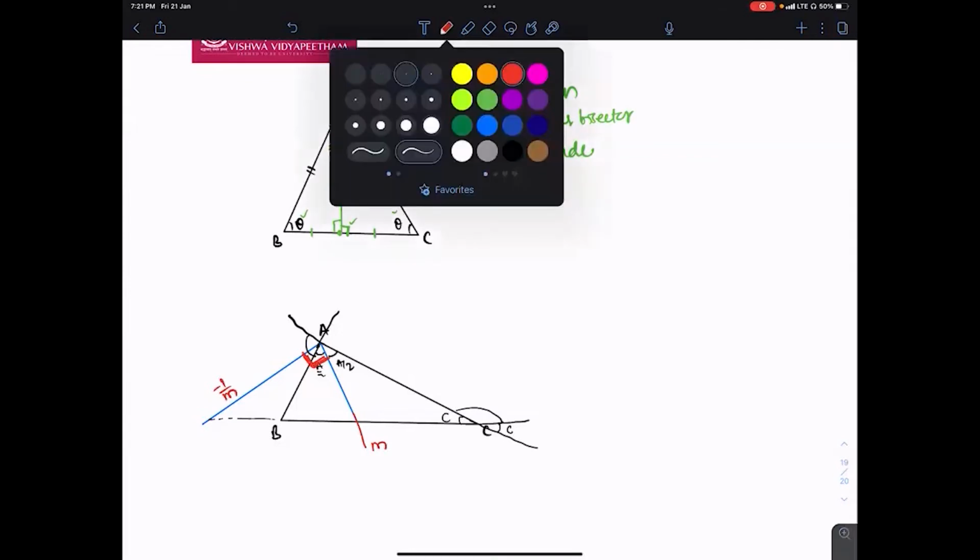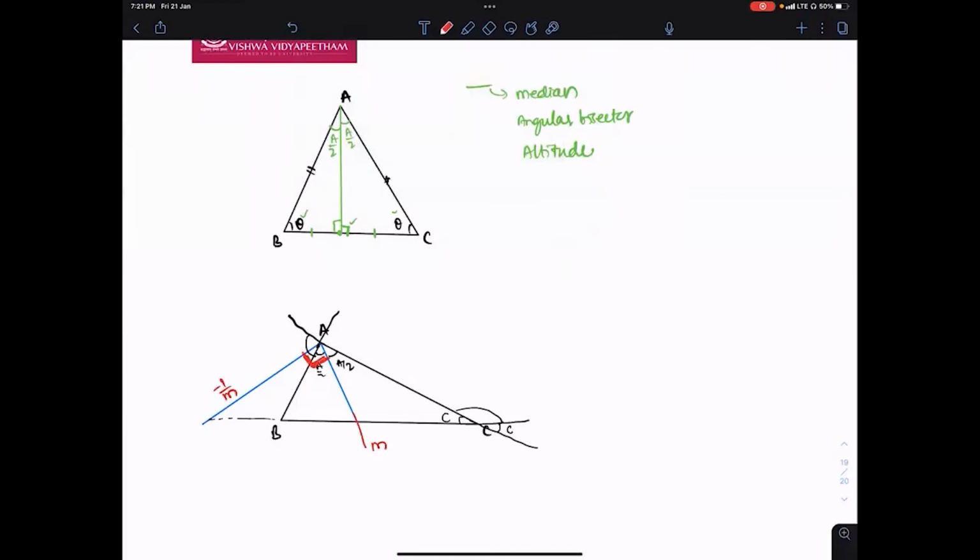Next, another important point. This internal angular bisector will intersect the opposite side at some point. Let's say that is D. This is called the angular bisector theorem. That is, your BD by DC will be equal to AB by AC.